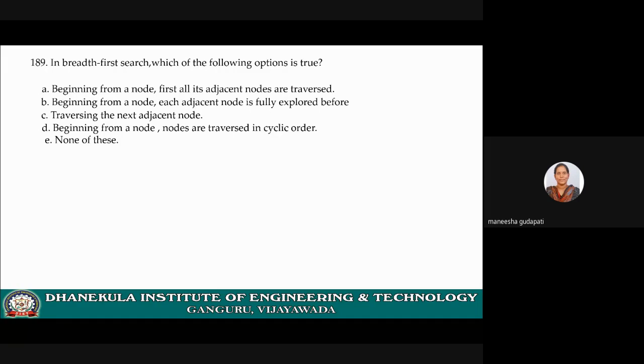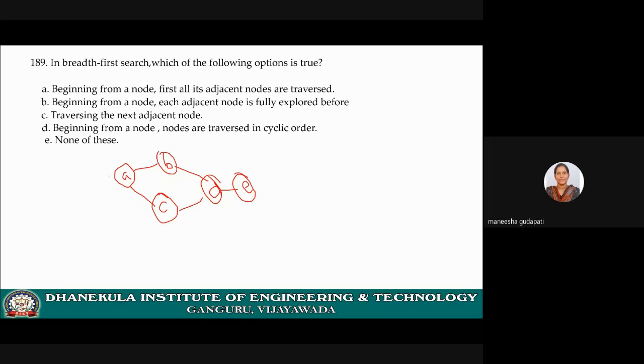Where do we use breadth first search? We generally use it in graphs. So let's say I have a graph with nodes A, B, C, D, E. How will you traverse?